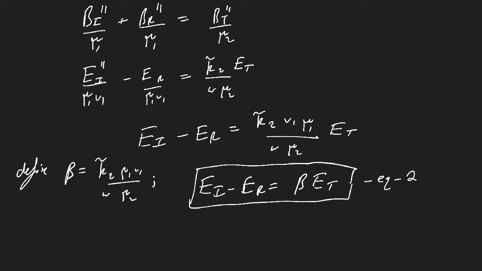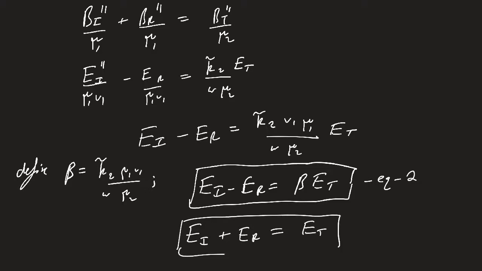So this is one condition, and the other condition we derived was that EI plus ER was equal to ET. This was equation 1. So now we have both equations, and using these we can find the transmitted and the reflected coefficients. So let's try and do that now.